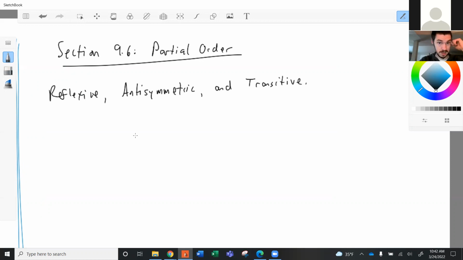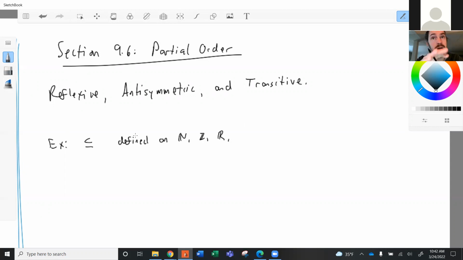Okay, so an example of this is the less than or equal to relation, defined on either integers or real numbers, natural numbers, numbers of any kind. Not complex numbers.